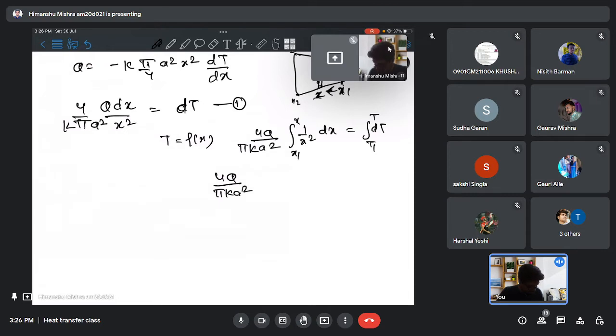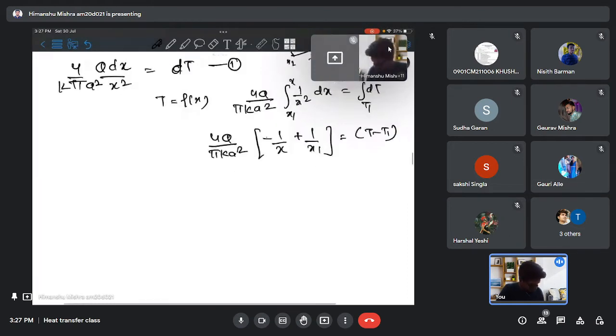On integration we will get 1 over x1 minus 1 over x, equals T minus T1.